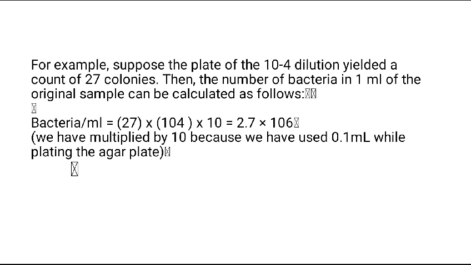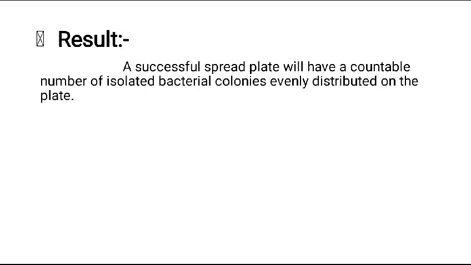Bacteria per ml is equal to 27 multiplied by 10^4 multiplied by 10, which gives 2.7 times 10^6. We have multiplied by 10 because we used 0.1 ml while plating the agar plate. Result: a successful spread plate will have a countable number of isolated bacterial colonies evenly distributed on the plate.